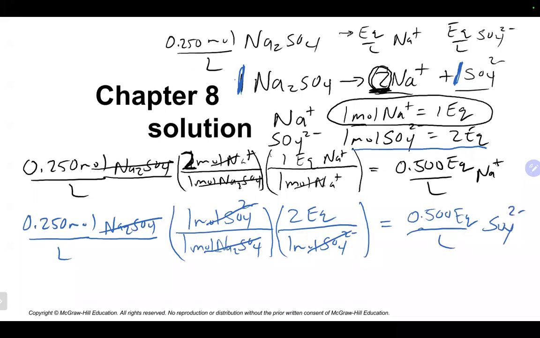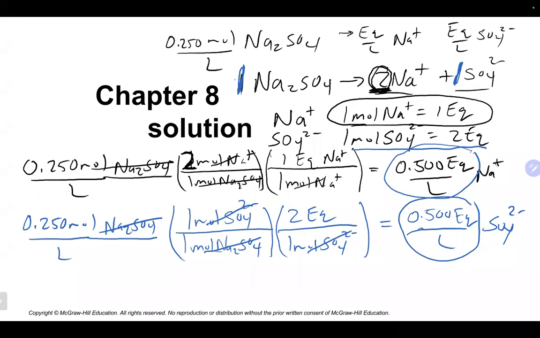So the message here is that we have the exact same concentration, based on charge, of those ions floating around in the solution. That's why everything is balanced, right? When we put it together, we need 2 sodiums for every 1 sulfate to balance out the negative charge. So in terms of the charge concentration floating around that solution, we have an equal amount of positive charge to negative charge.